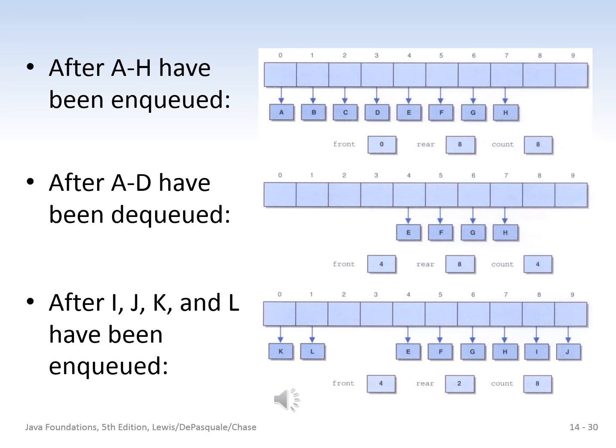Then we enqueue I, J, K, and L. And they go where you would expect: 8, 9, 0, and 1. So now the front is 4, the rear is 2, and the count is 8.